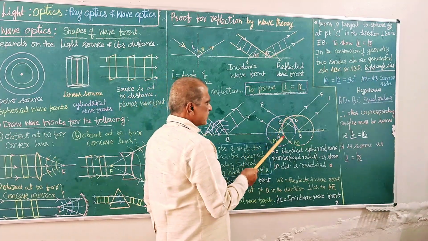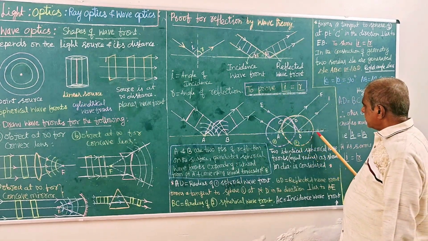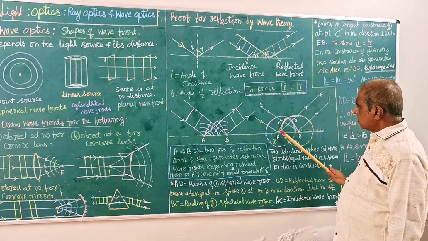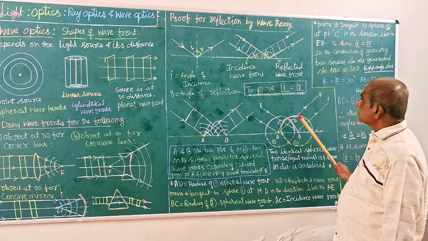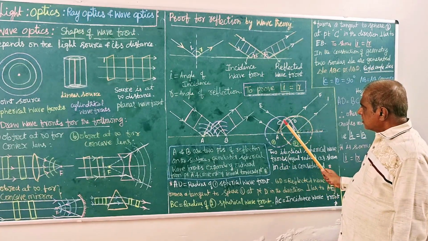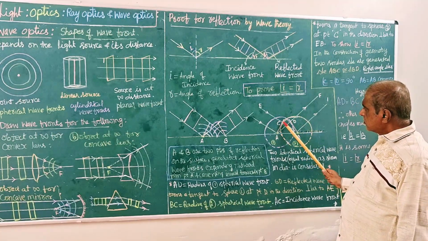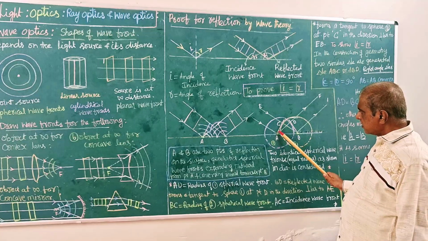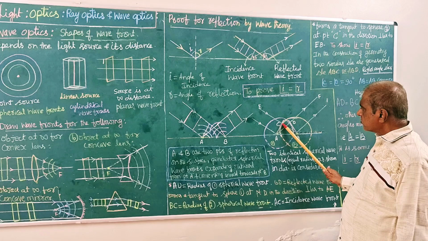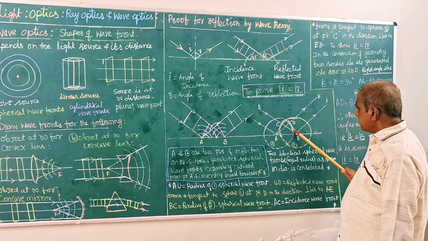In these spheres, very important, you need to understand this. There is a spherical wavefront about this point, and a spherical wavefront about this point. These two are points of reflection on the surface. And in this geometry, this is the incident wavefront, which becomes a tangent to the spherical wavefront at the point C, and this tangent is in the direction perpendicular to the propagation of light like this.